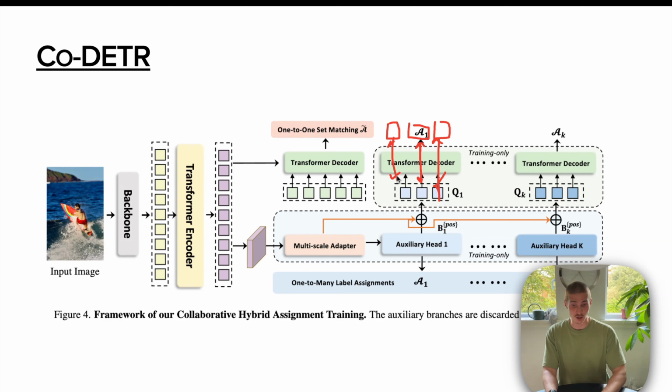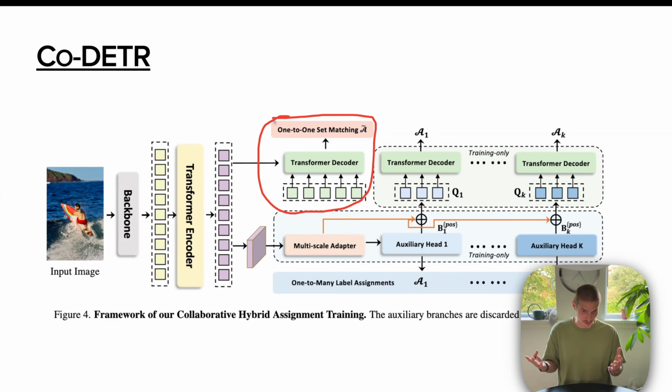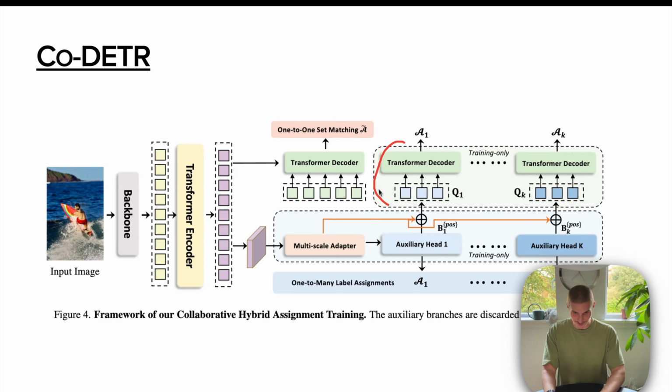And then another question you might have is why does that work at all, right? So during inference, we want the decoder to do this, because we don't know the ground truth objects. And so to improve the decoder, we train it to do this, right? So how does that help? It helps because the task we're asking the decoder to solve here is actually really similar to this task, right?